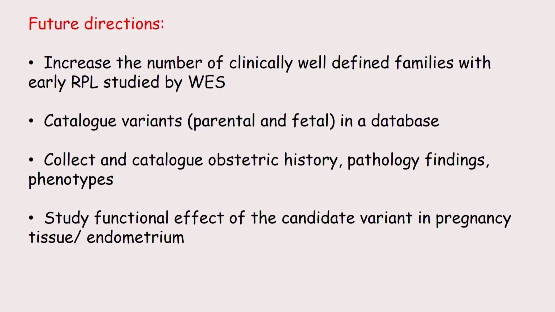And then to catalog those variants, parental and fetal, in a database, because we have no databases that would be really directed to the prenatal world. And then, very importantly, collect and catalog obstetric history, pathology findings and phenotypes, which sometimes, especially from the lab's perspective, is not always cataloged, but it's critical.